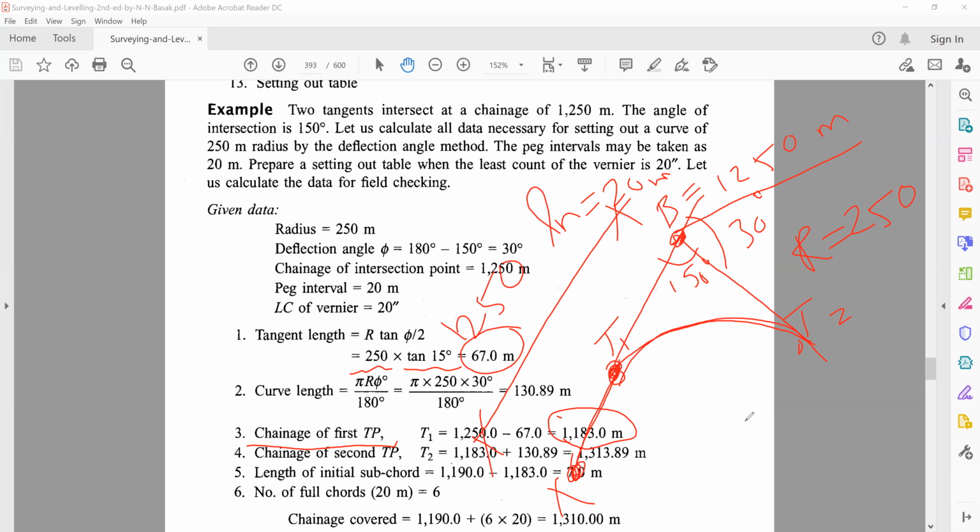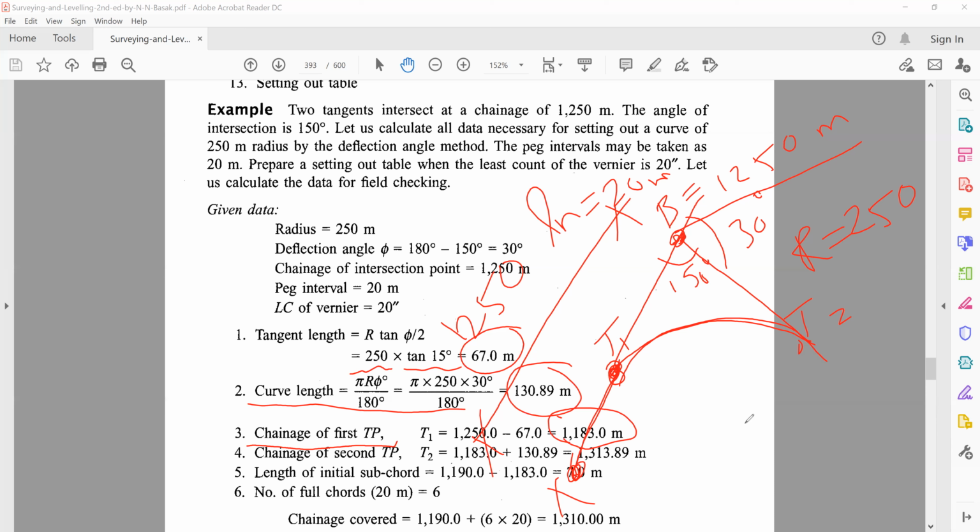Now we can calculate the length of the curve, T1 to T2. If you remember, it comes from the simple equation L is equal to R theta. So the length of the curve becomes R into the deflection angle, converted into radians by multiplying by pi by 180. Over here you can see the equation, and you get the length of the curve as 130.89.